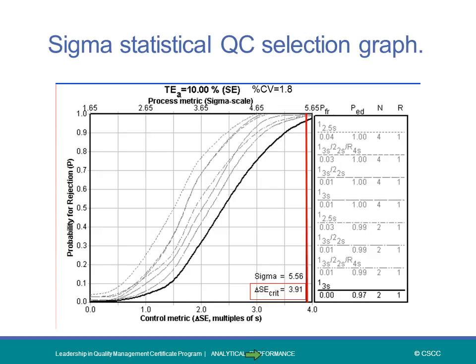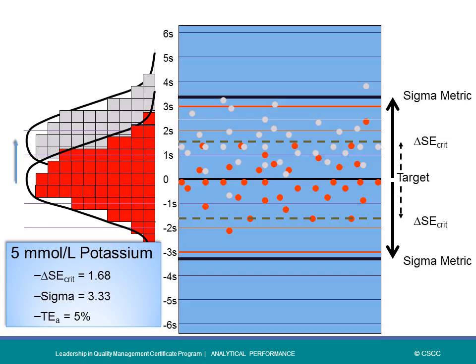Here we have the situation of potassium, and superimposed here is a shift in potassium results that might result after a calibration or a new lot number of electrodes or whatever occurring. Here in the red, what we expect out of this assay, but it's a 3.3 sigma assay, which means it's right there on the borderline.